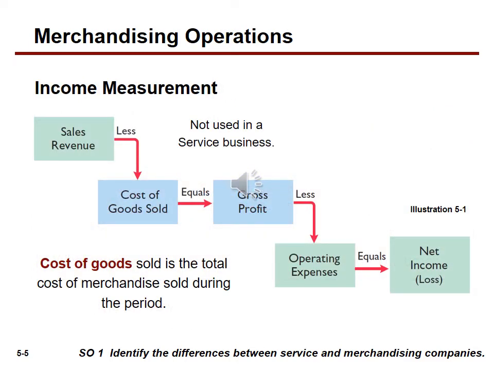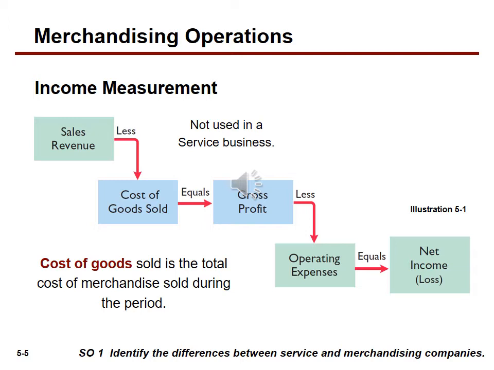Now, how does the income statement of a retailing or a merchandising company differ from service providers? We looked at income statements in Chapter 1, if you guys remember, and in that chapter we talked about how the income statement is created around the basic formula that net income equals revenues minus expenses.